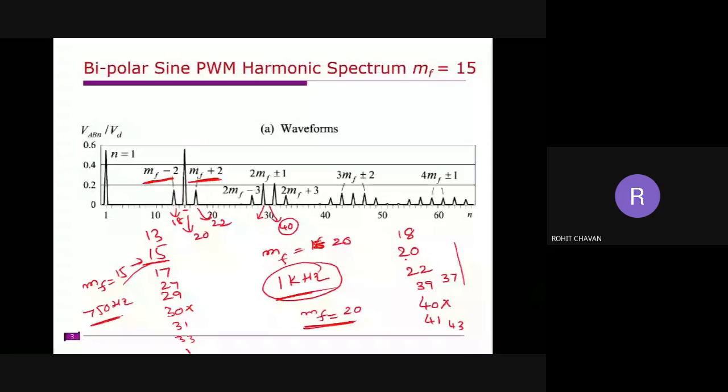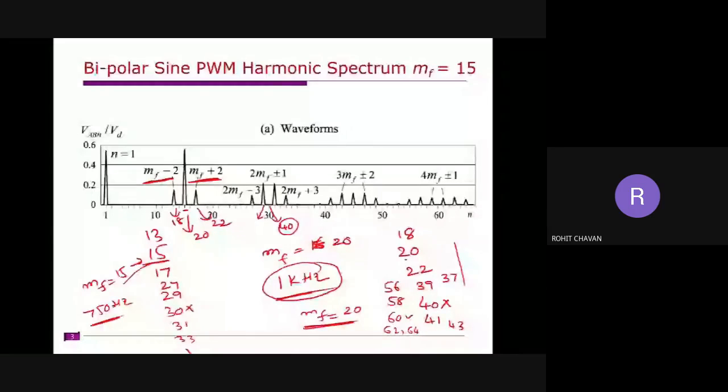But you don't have a harmonic at 40. Similarly, for 3MF, you have a harmonic at 60, at 58 and 56, and similarly at 62 and 64. Clear?